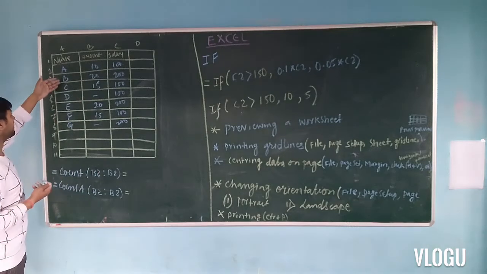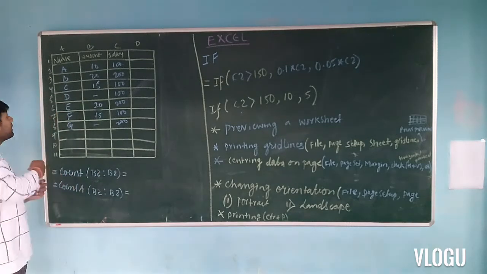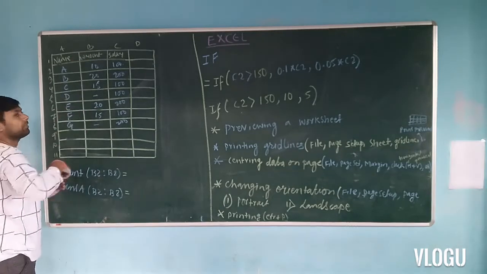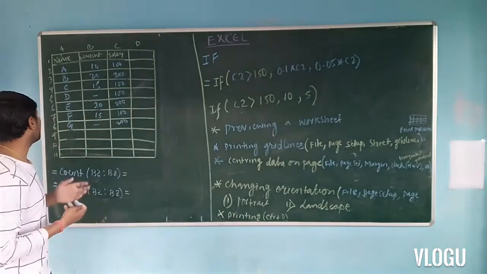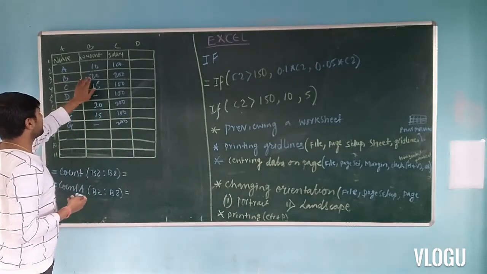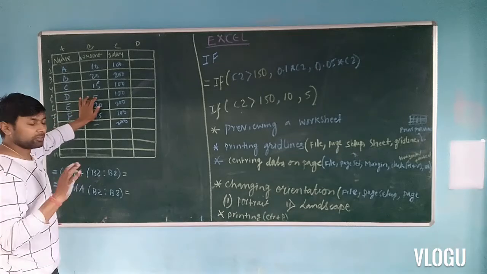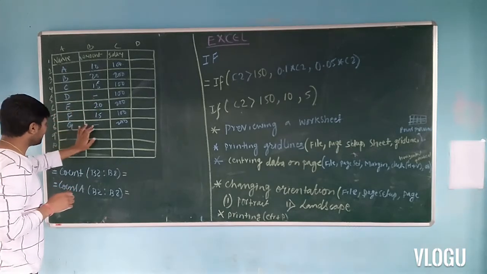I am just giving the names A, B, C, D, E, F, G. Now see, this is the donation amount. Let's suppose A donates 10 rupees, B donates 20, C donates 15 rupees, D donates nothing, E donates 90, F donates 15, G donates nothing.